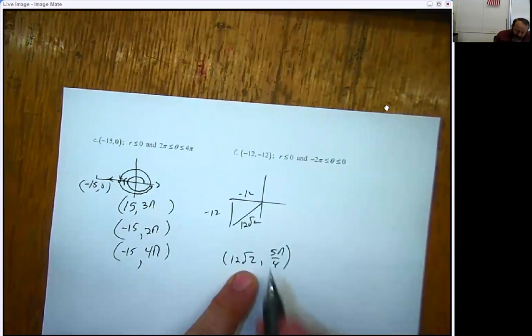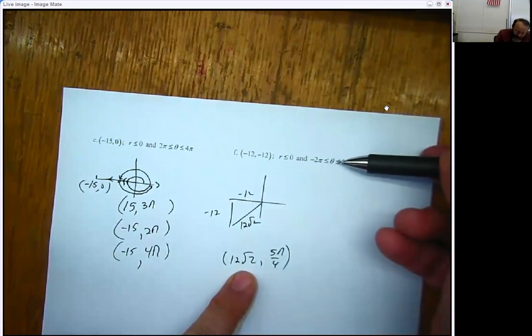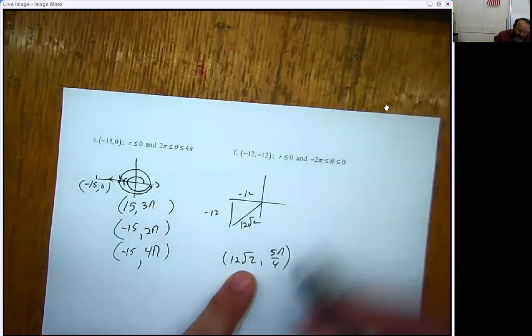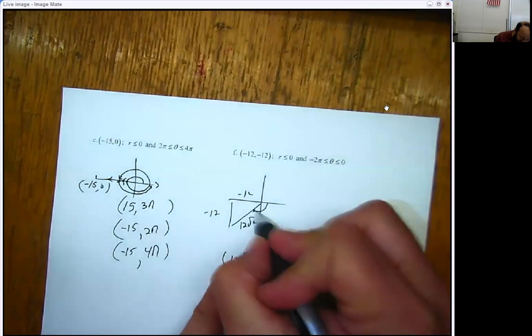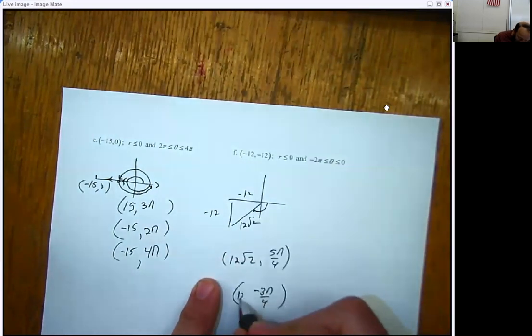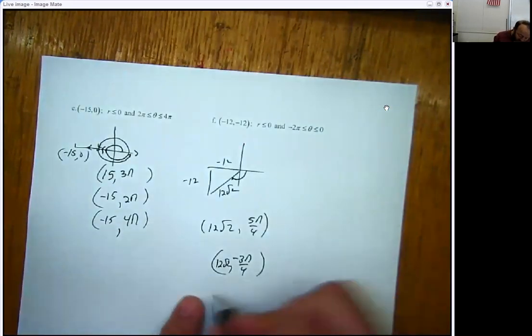So I've got a valid answer, but let's look up here. This says, uh-oh, I want to go backwards and I want a negative radius. So, I mean, if I went backwards 3 pi over 4, unfortunately, I'm going forward 12 roots of 2. So that's still not quite the right answer. So I've got to do one more thing.